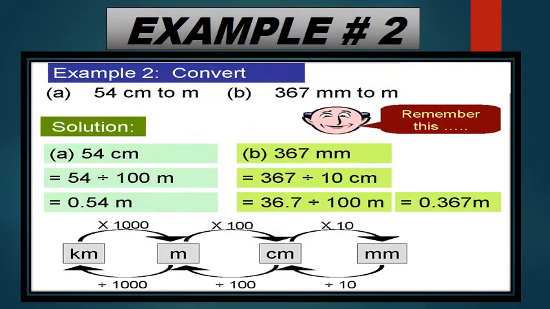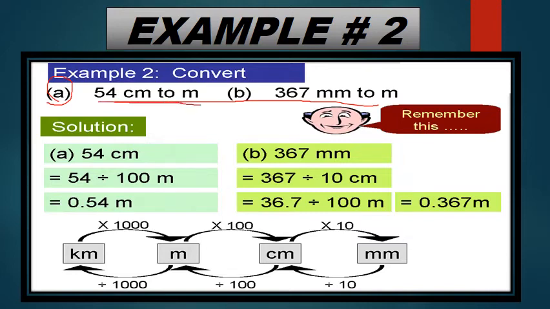Alright my dear students, here we have example number 2. In example number 2, we are converting smaller unit to a bigger unit. So when a smaller unit is to be converted to a bigger unit, we will do division. Now in part A, we have 54 centimeter to meter.